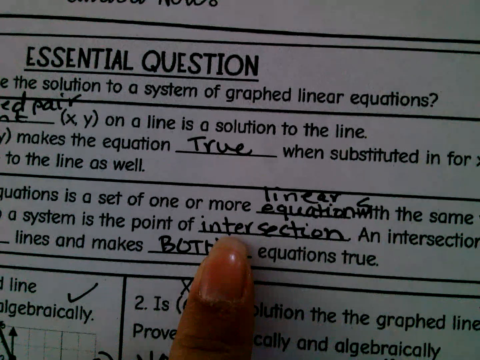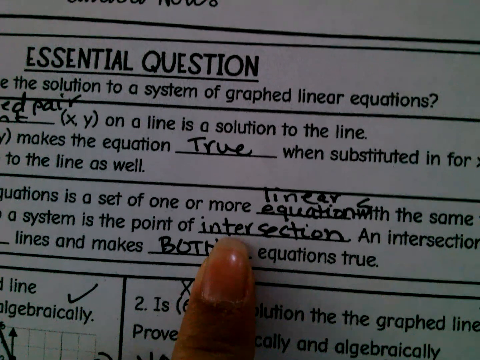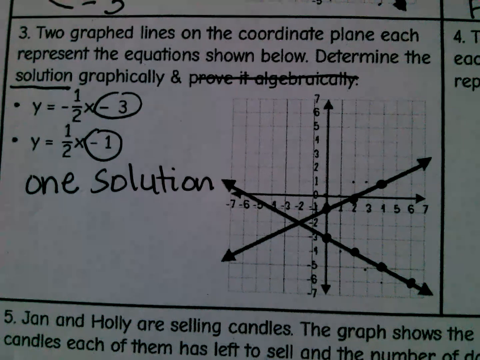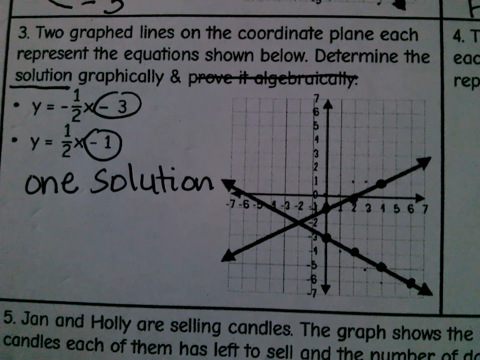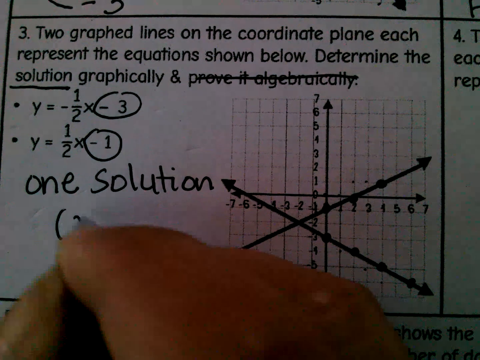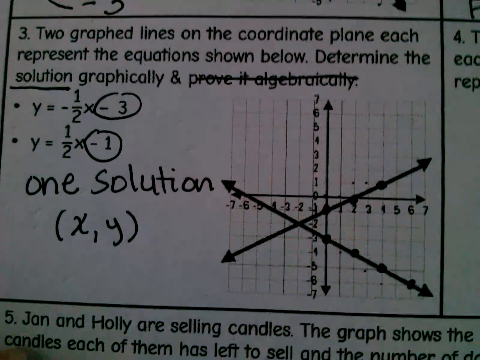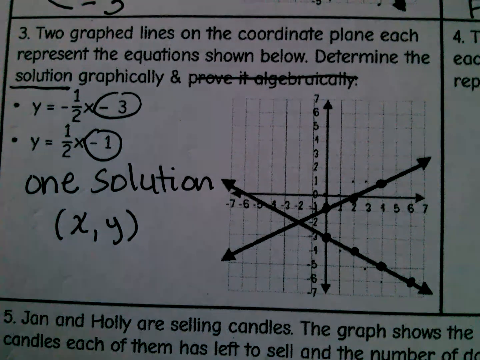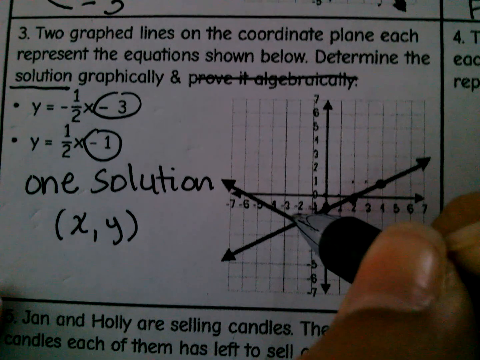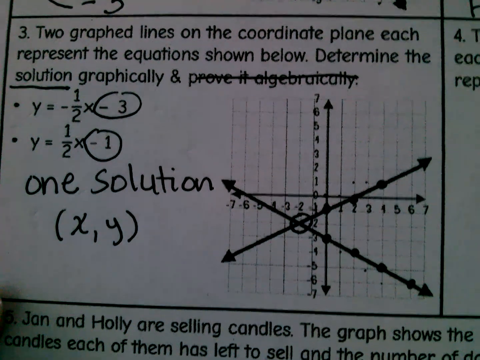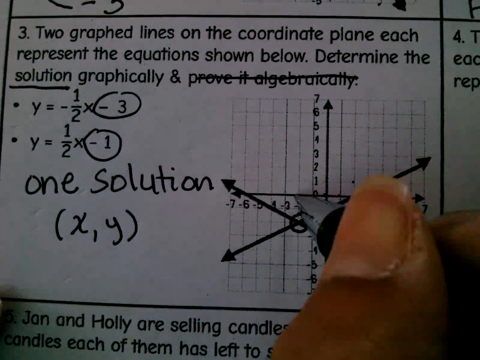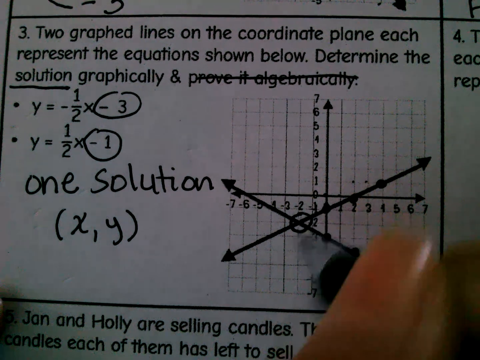Intersection is fancy for what point are they crossing at? Remember, a point, it's made up of an x and a y. So give me the x and y values. Give me the ordered pair that this system is crossing at. Very good. They're crossing right here, guys. Okay, so that point is -2, -2.